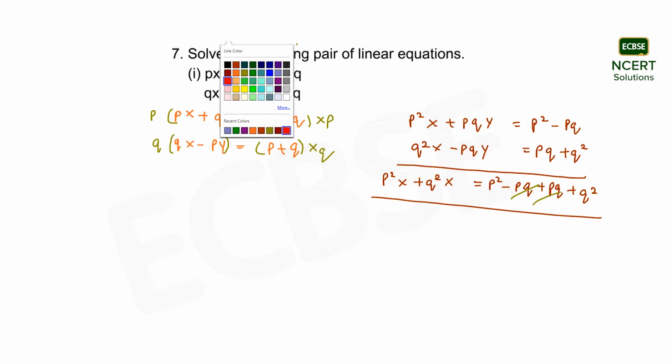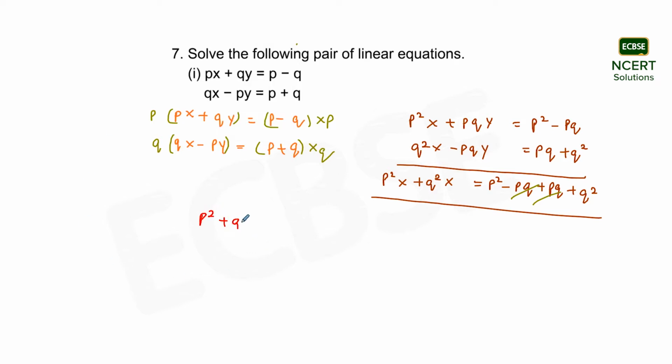So I'll get here (p² + q²) into x, as x is common in both terms, equal to p² + q². Now taking the term p² + q² from the left hand side to the right hand side, it will be in the denominator.